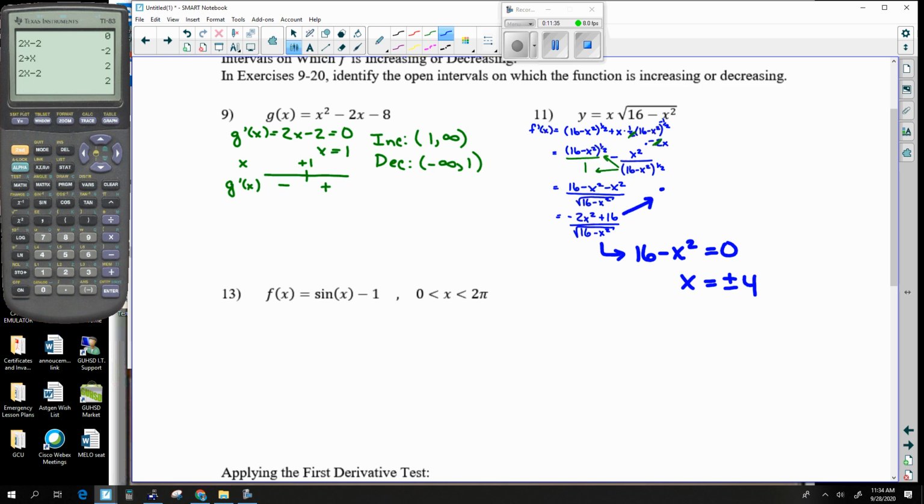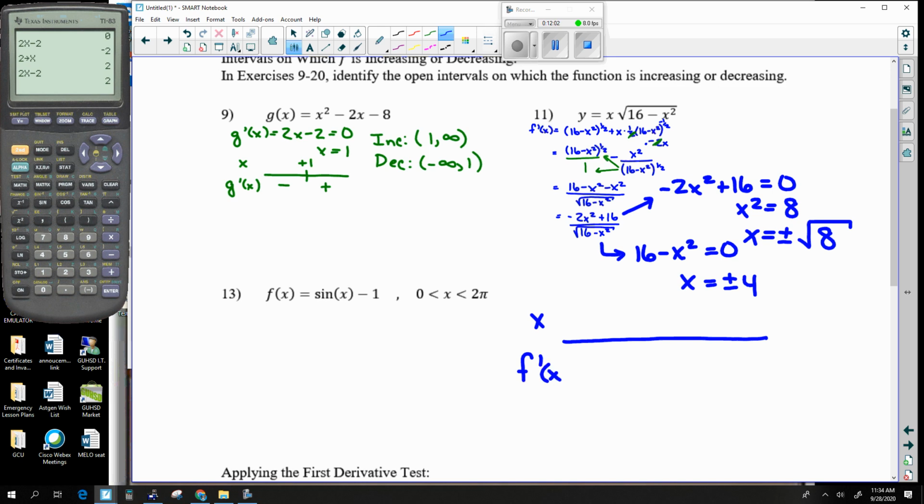Other critical values are when negative 2x squared plus 16 is equal to 0. That would be when x squared is equal to 8, aka x is plus or minus square root of 8. Those are also critical values. So x and the derivative.